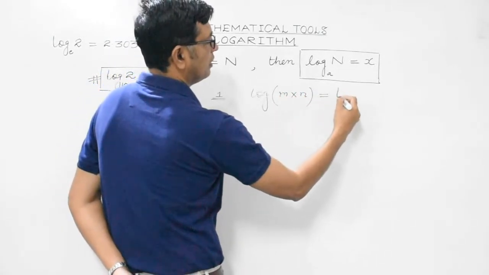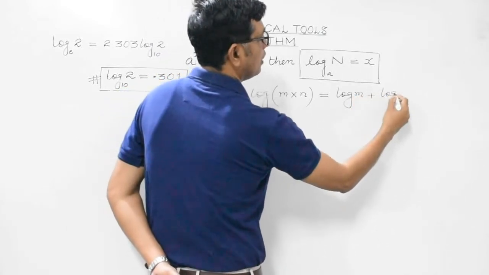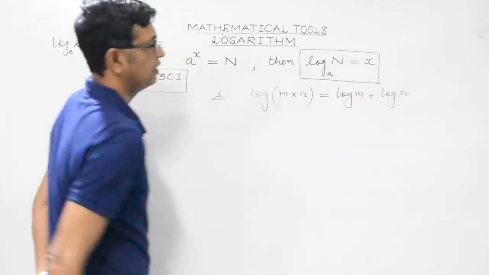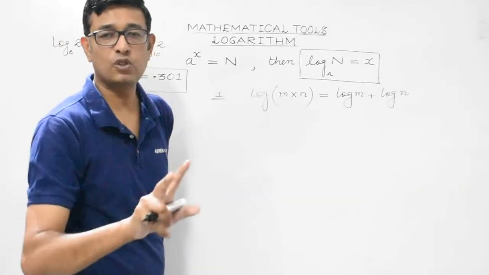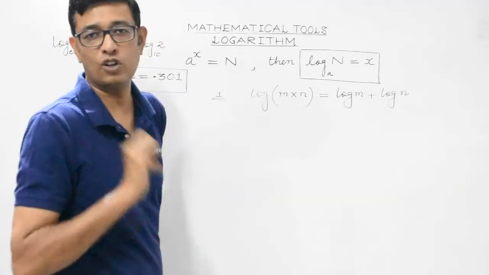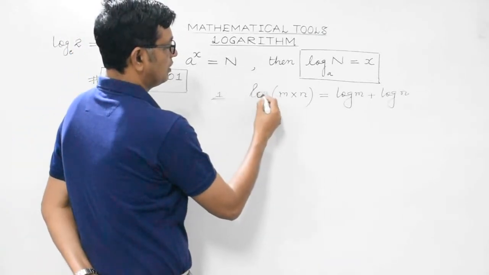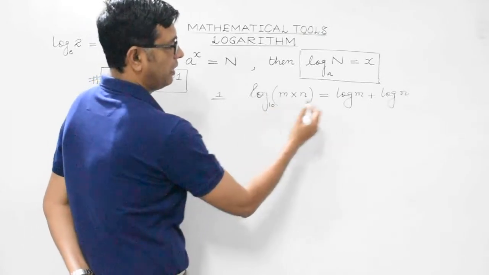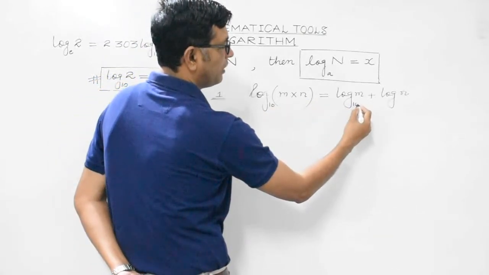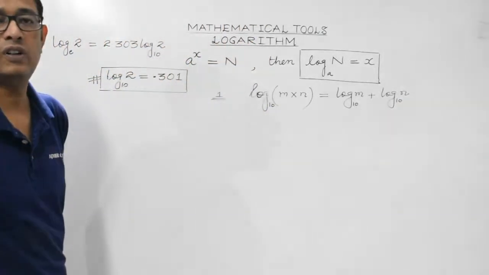It is given by log m plus log n. Here I must mention, if the base is not given, it is understood that we are considering common logarithm, that is to the base 10. So it is actually log m into n to the base 10. It will be log m to the base 10 plus log n to the base 10. This is the first rule, right?